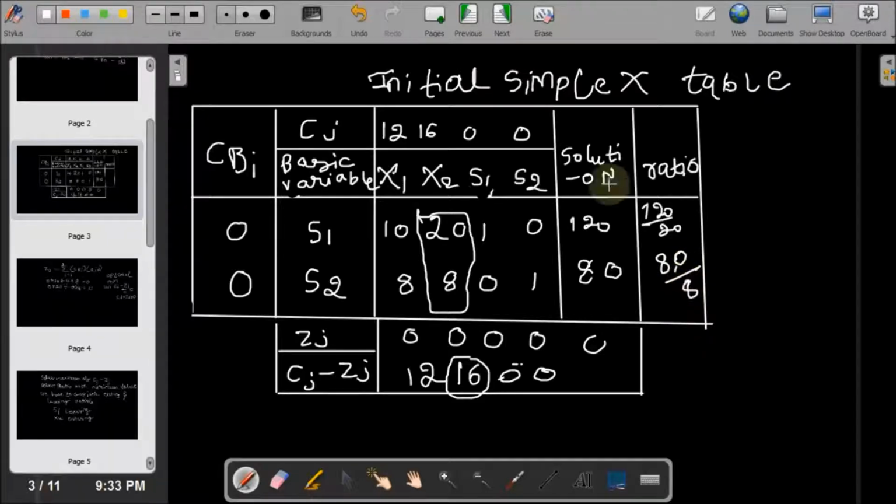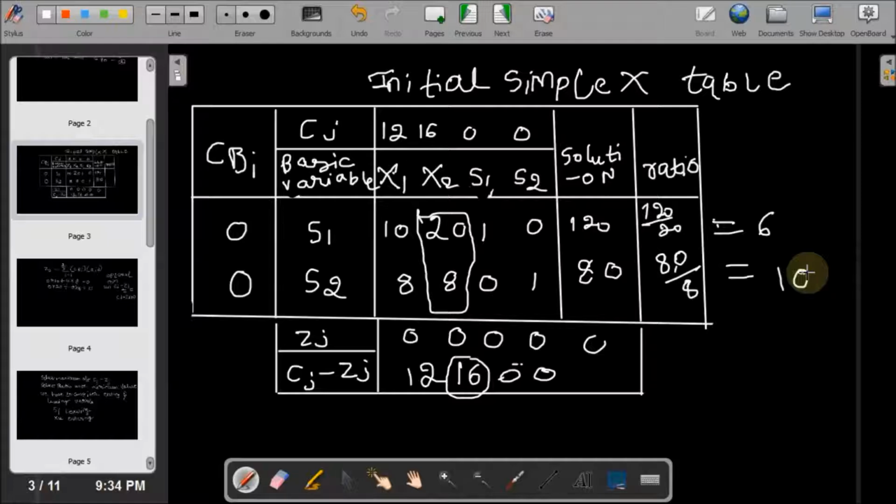So to find the ratio, I divided the solution value with the corresponding column element. So the ratio will be 6, and for this, the ratio will be 10.